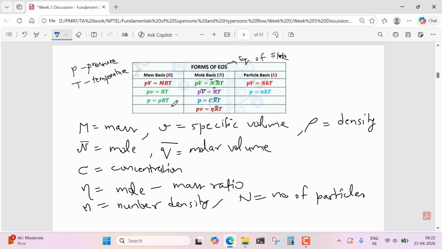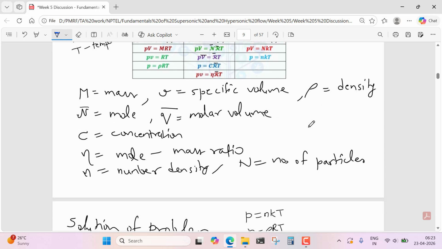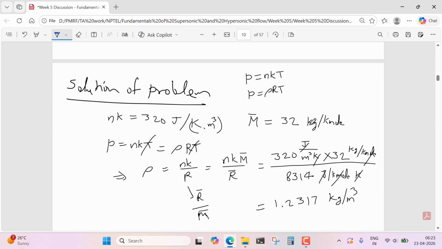In all these equations, capital M is mass, small v is specific volume, rho is density, n bar is mole, V bar is molar volume, C is concentration, eta is mole mass ratio, small n is number density, and capital N is number of particles. P is pressure, T is temperature, R is the specific gas constant, R bar is the universal gas constant, and k is the Boltzmann constant. Now we will solve the problem.